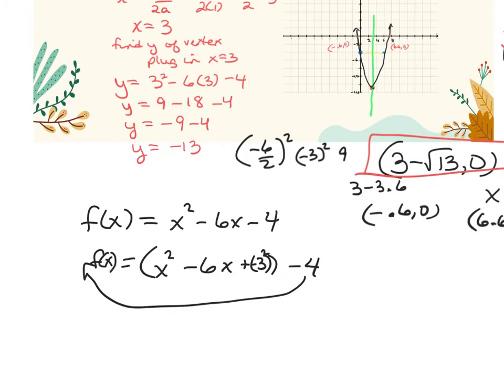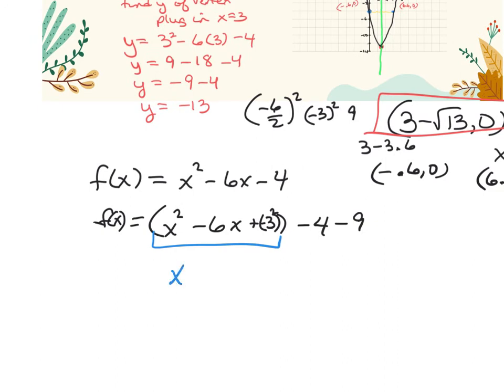Because I just shifted it over, instead of adding 9 to the negative 4, I'm subtracting 9. And now I factor my perfect square trinomial, and this becomes x minus 3, as long as you remember what you got when you divided the b term by 2, that's your answer.